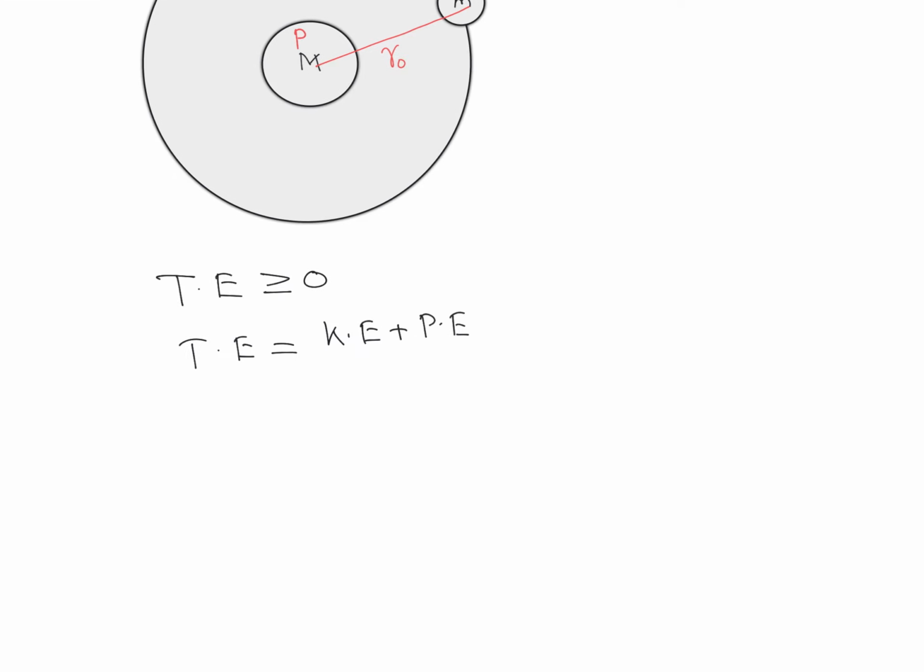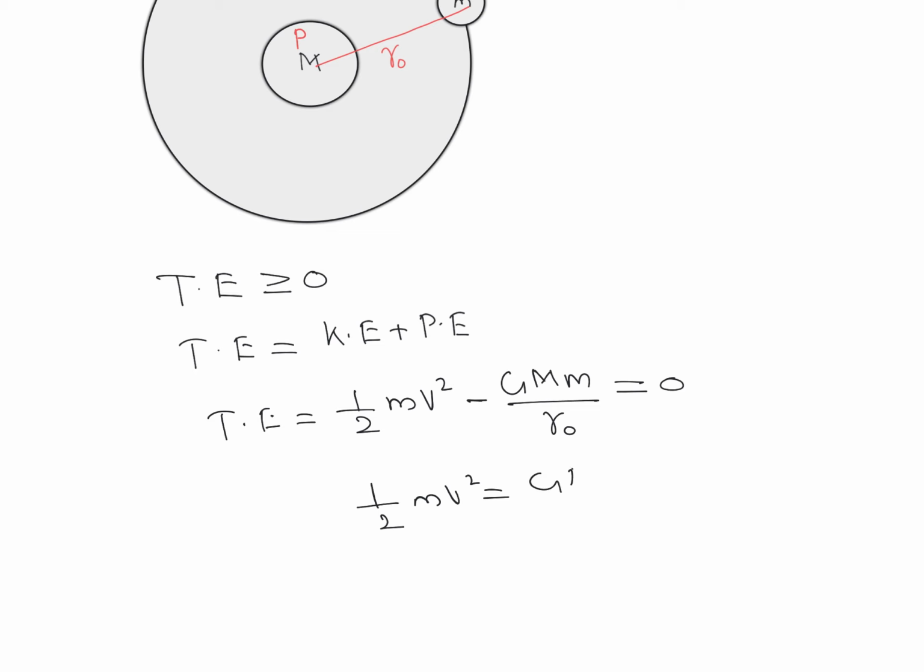So the kinetic energy of the satellite is half m v square, plus potential energy, which is minus G M m divided by the distance r0. This value should be greater than or equal to 0. So half m v square should be equal to G M m divided by r0.